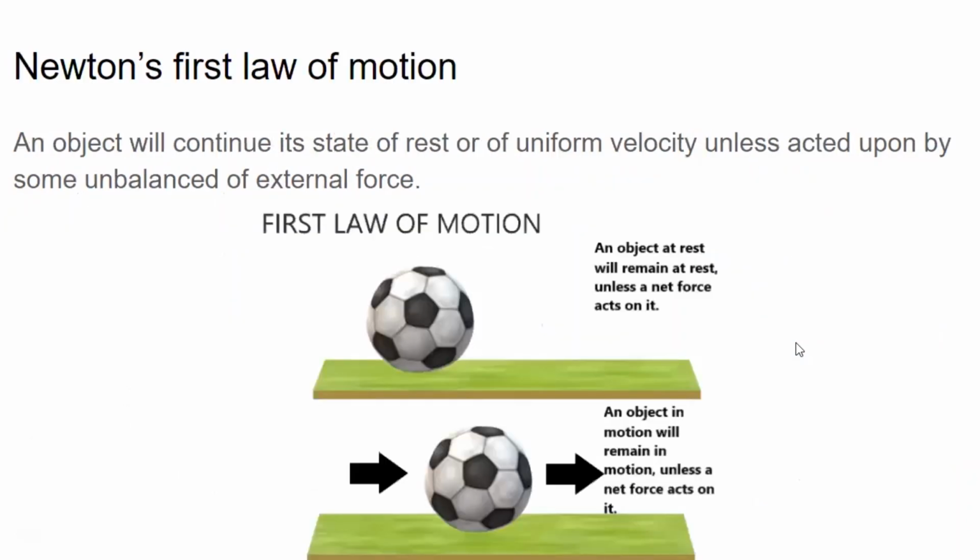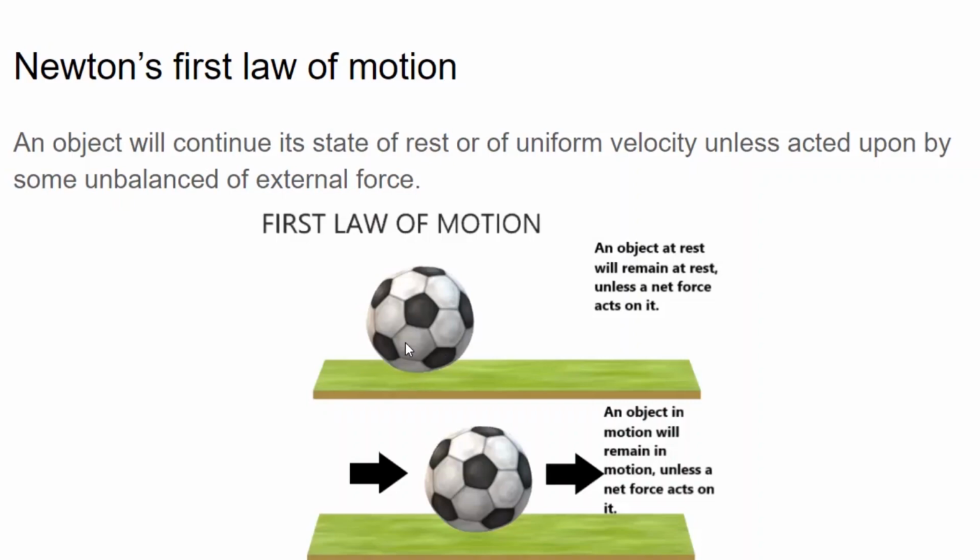We can further recognize balanced forces by Newton's first law of motion, which is that an object will continue its state of rest or uniform velocity unless acted upon by some unbalanced or external force. So first of all, we can see that this ball is at rest, meaning that the weight of this ball is equal to the force that is being exerted on it by the earth, which produces no resultant force.